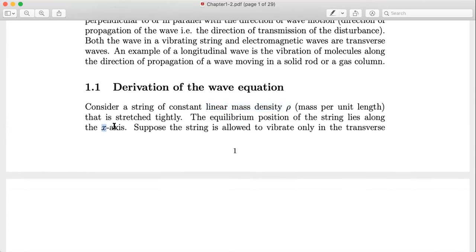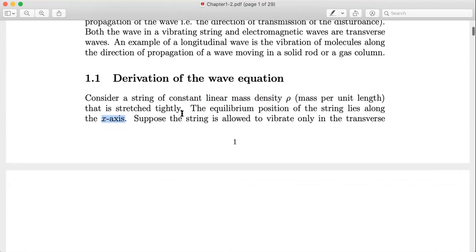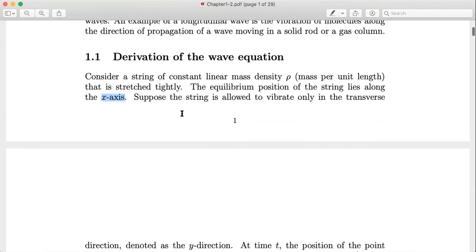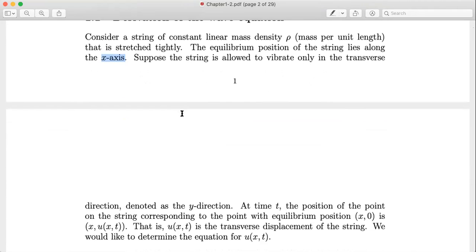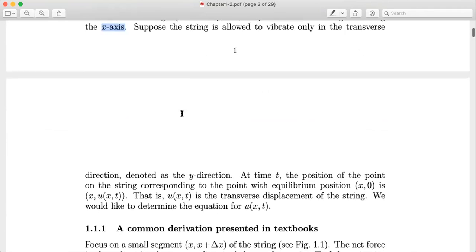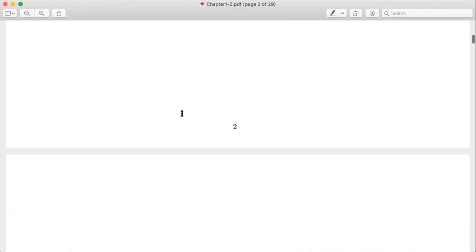I call it the x-axis. You can think of it lying on your table. It's lying on the x-axis. Okay, and then we restrict the vibration to be perpendicular, in the transverse direction to the string. So that will be the situation.